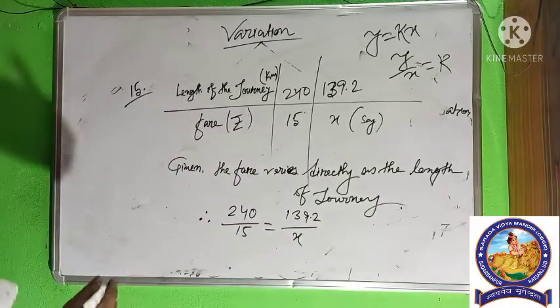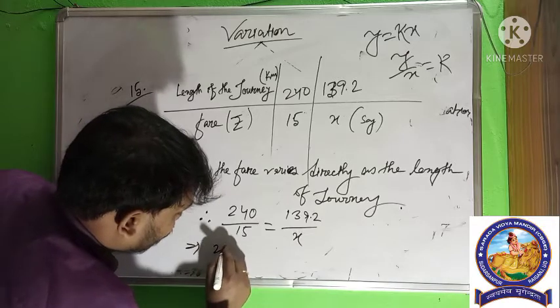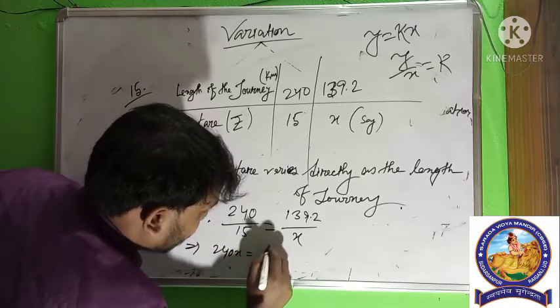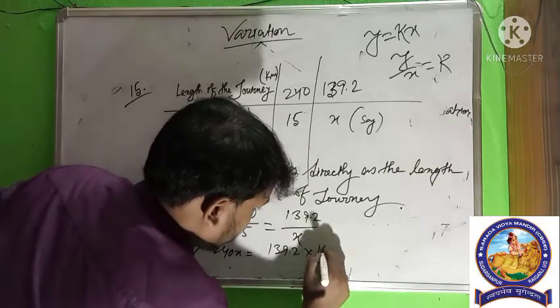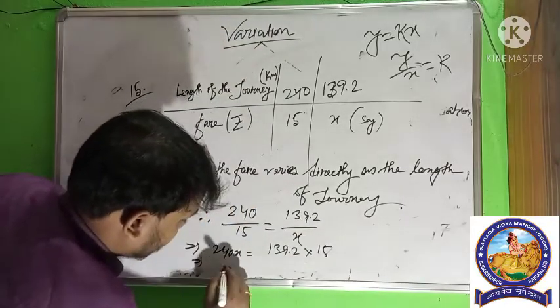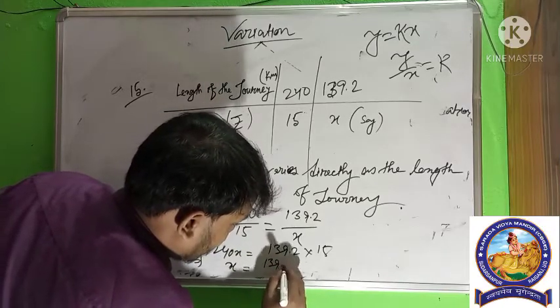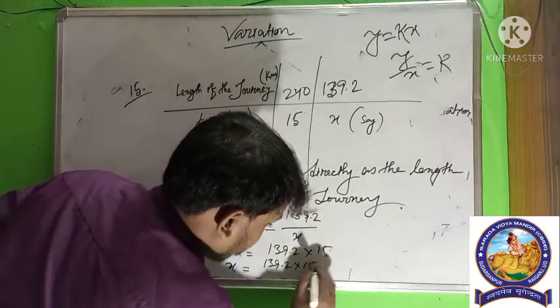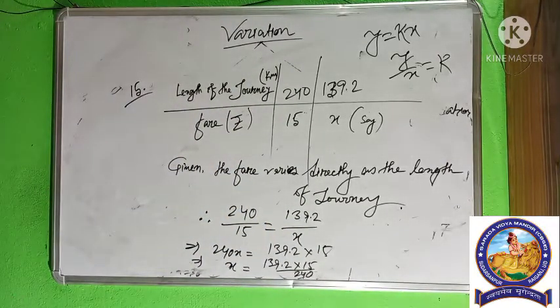From here cross multiply: 240x equals 139.2 into 15, which implies x equals 139.2 into 15 by 240. From here you get the value of x.